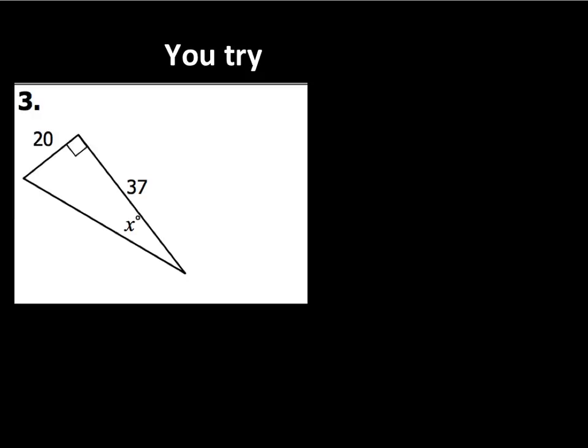So here we go. We are going to stand at the angle we're trying to find and label. Close to where I am, that's adjacent. This is opposite, and this is hypotenuse. I'm looking at opposite and adjacent. So let me write SOHCAHTOA across the top.